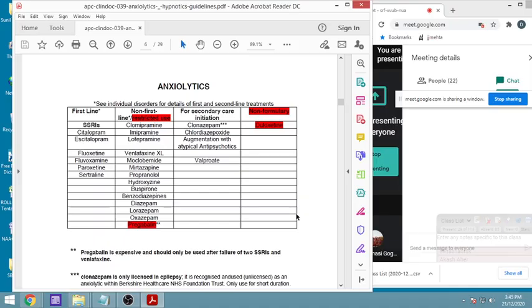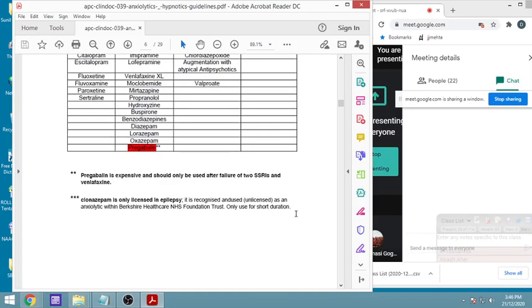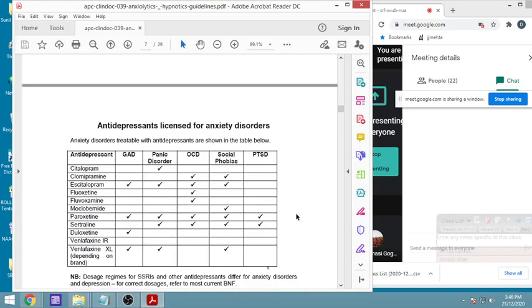So far we have seen only one drug has to be given, but if it is not useful, then we can go for augmentation with atypical antipsychotics, or we can add valproate. Then a drug like duloxetine, which is a newer one, can be used. So these are various anxiolytic agents which can be used in various conditions.